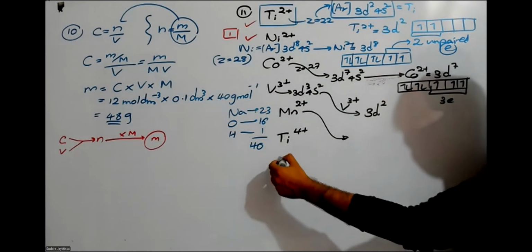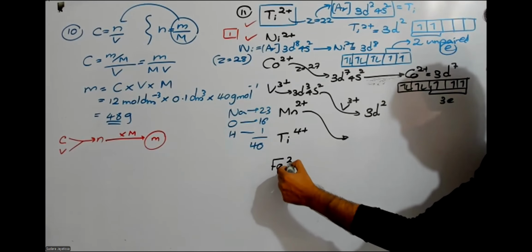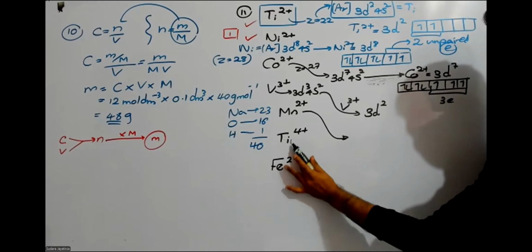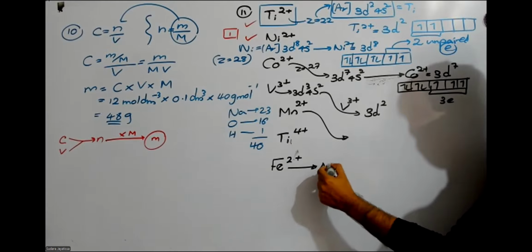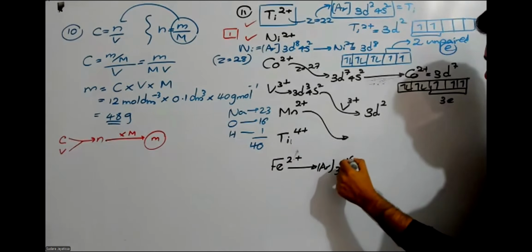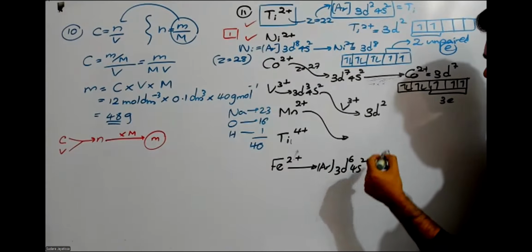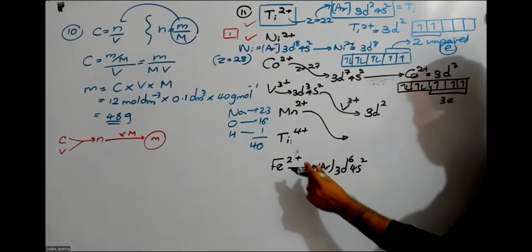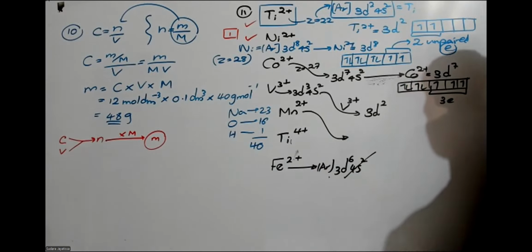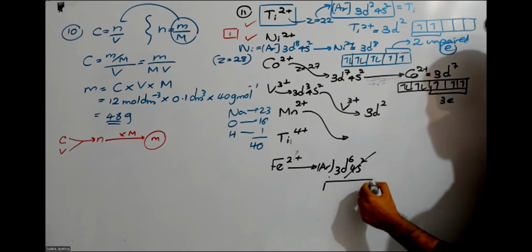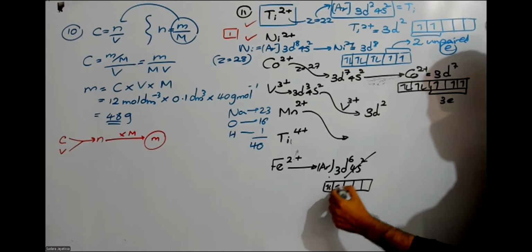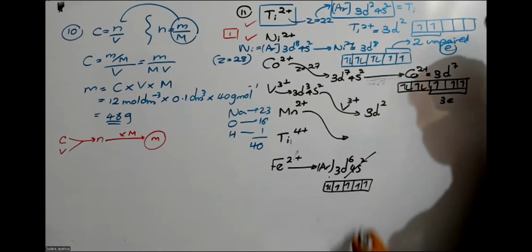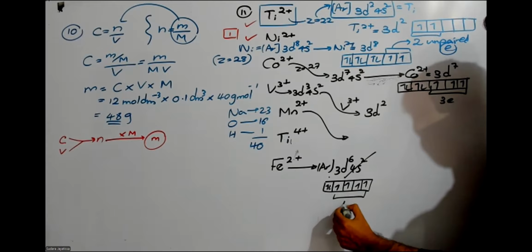Iron's atomic number is 26, so argon 3d6 4s2. When it makes Fe2 plus, it is just 3d6, and you have 4 unpaired electrons. This is paired and these 4 are unpaired. So that's why vanadium is paired with the wrong one.